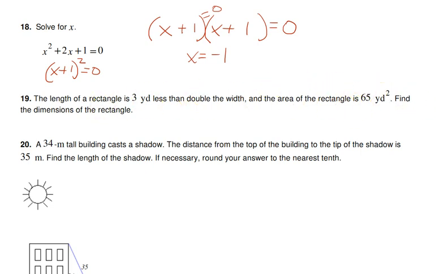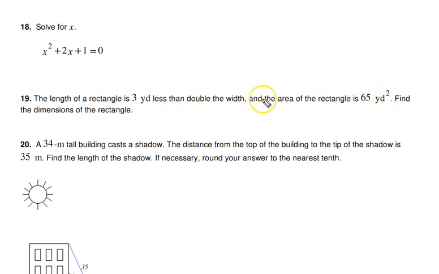And here's just another problem to do. We'll do it up here, another rectangle. The area is 65. And the length is 3 less than double the width. So there's the width. Double the width less 3.